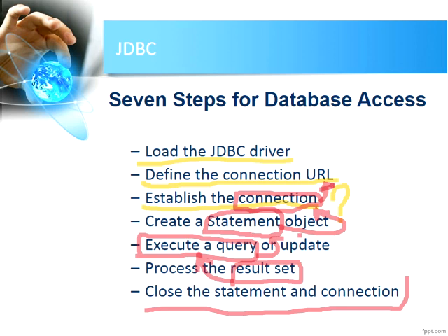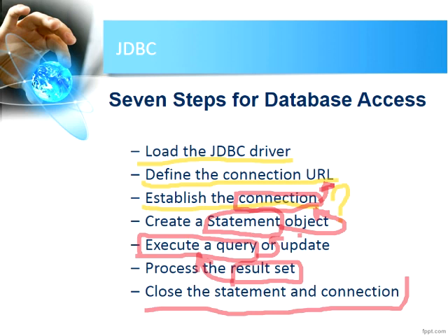The first one is to load the JDBC driver. The second one is to define the connection URL. The third one is to establish the connection. Establish the connection means we will create an object, and the type of this object is java.sql.Connection.